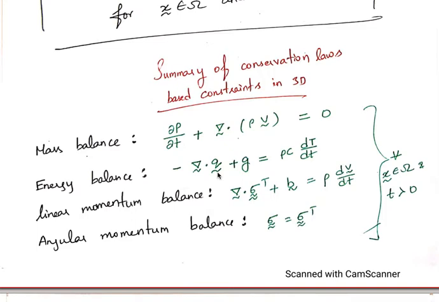Now, when you take Q dot N, what does it tell you? N is the outward normal to the subdomain. So Q dot N tells you the heat leaving the subdomain. So if you want the heat entering the subdomain, then you have to put a minus sign over there. That is the reason why you get minus divergence of Q. Okay?